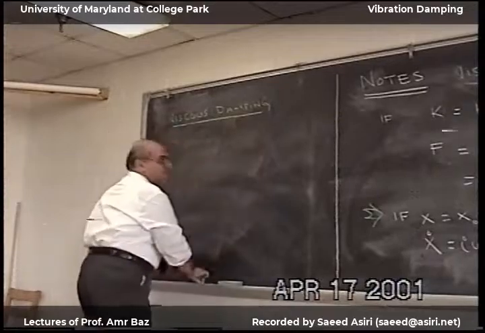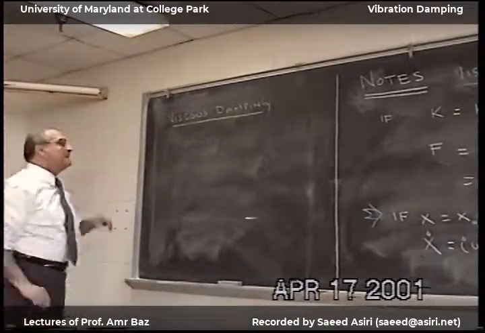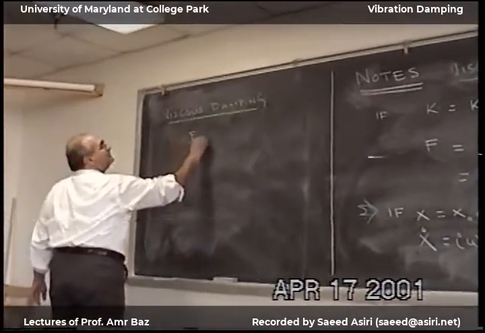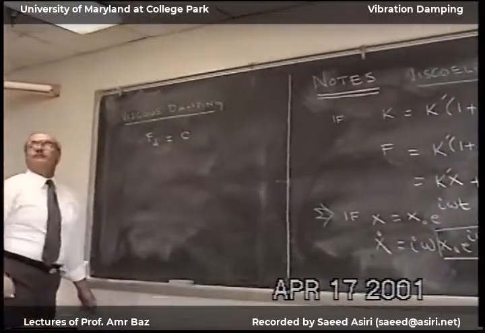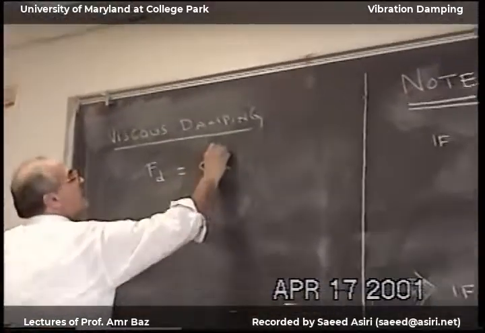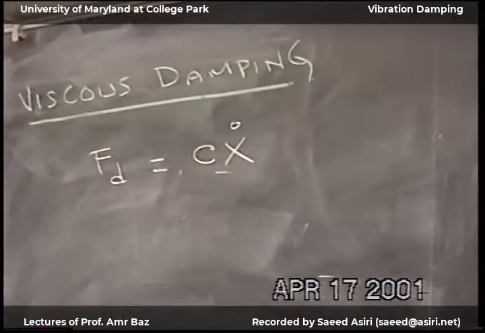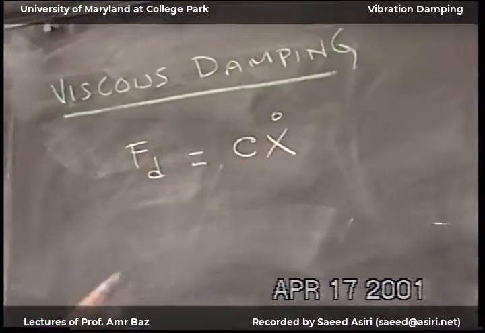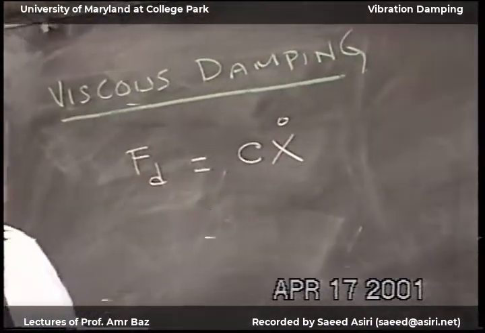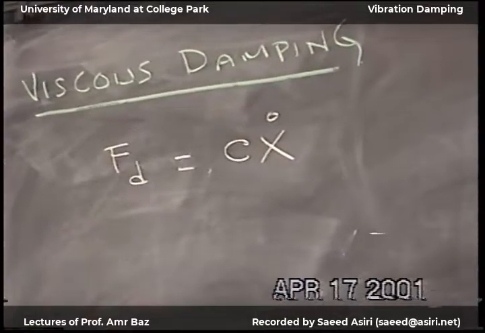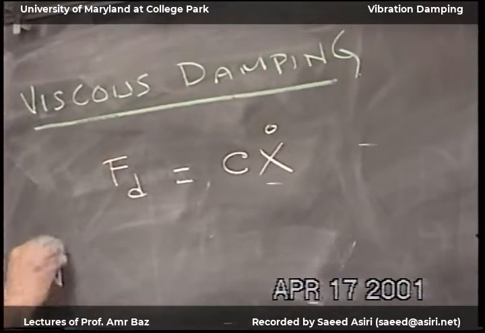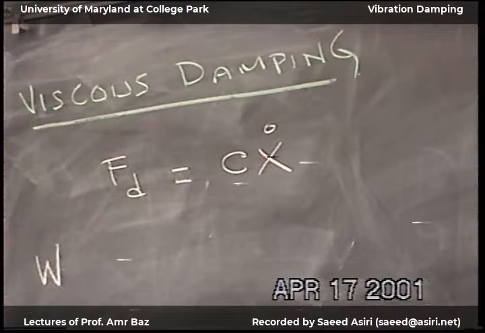So my F damping is equal to the coefficient of damping times x dot. And unfortunately we erased the part where I determine the dissipated energy.